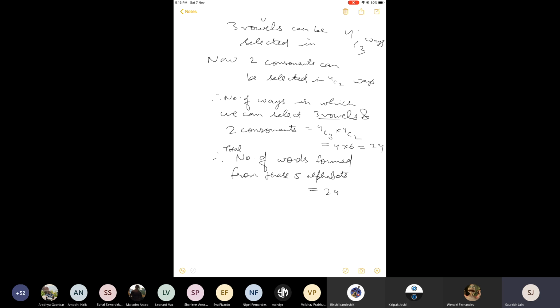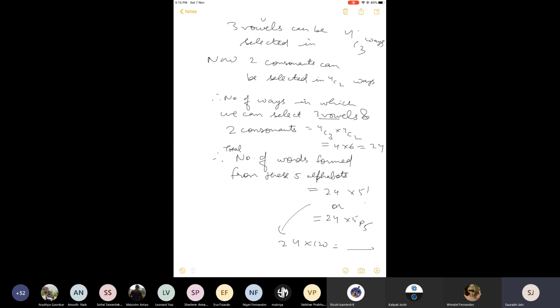So now you have five alphabets. You want to arrange them in a line. In how many ways can you do it? So this will be 24 into 5P5, or 24 into 5 factorial. That is 24 into 120. Whatever is the answer. Why?